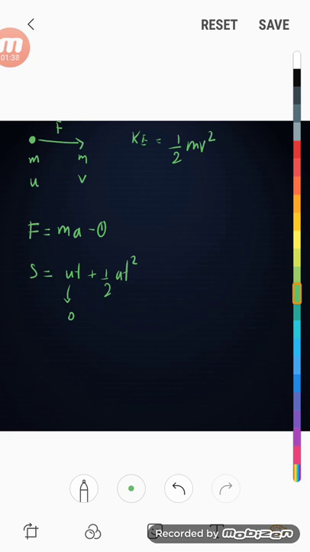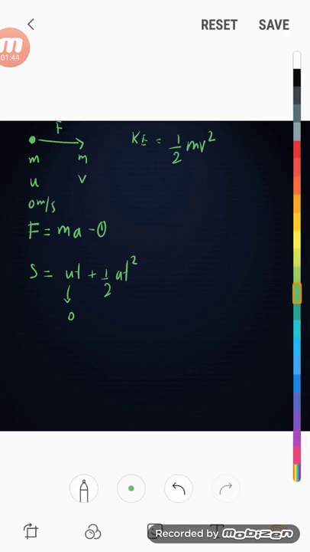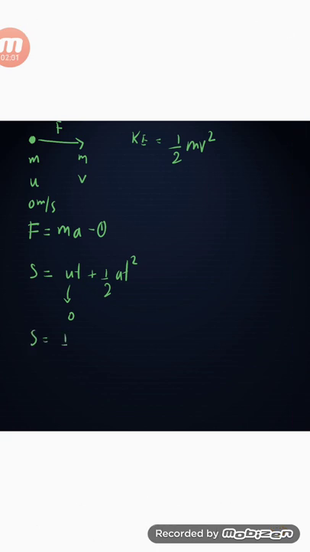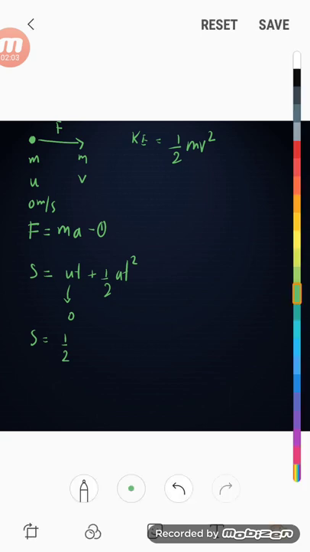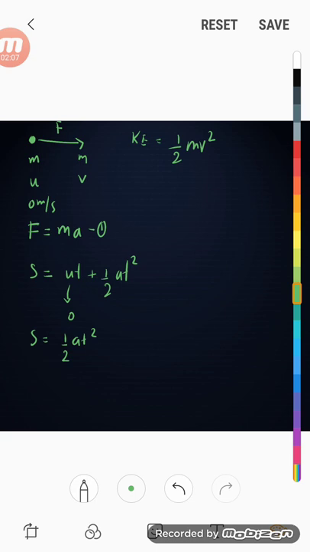If the object was at rest earlier, u will be 0 meter per second. So substitute 0 there, and what you will get is s equals 0 plus half at square.